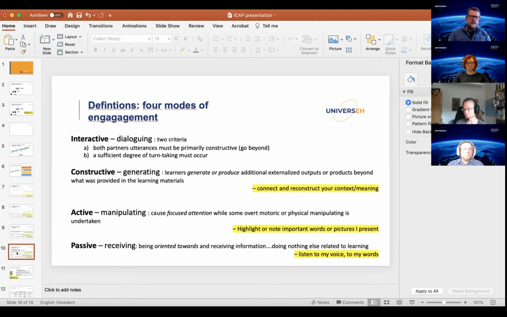And the next step is interactive. The interactive level is based on this concept, the most powerful and the highest level of engagement. That is when students are in a dialogue with each other, and to be in a serious interactive situation, there are two things that need to be accomplished.